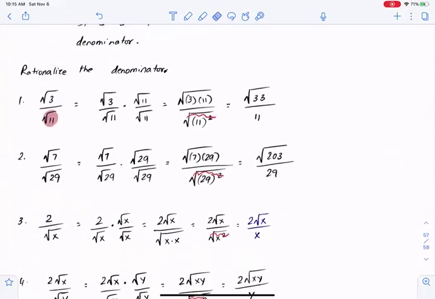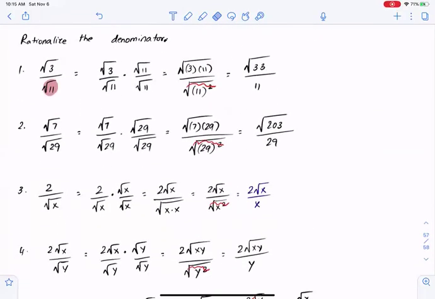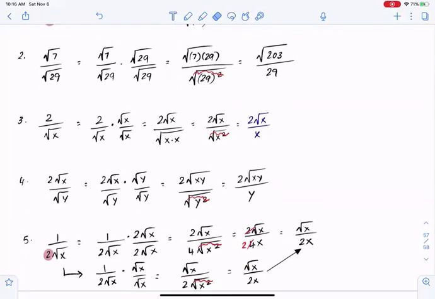So we looked at rationalizing the denominator. If we want to rationalize the numerator, the process is exactly the same, with one difference. We simply multiply and divide by the numerator instead of the denominator.